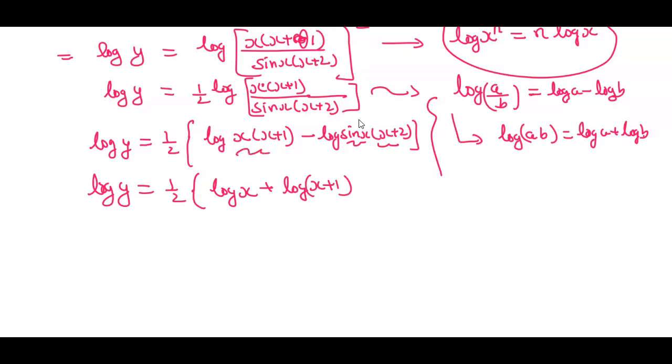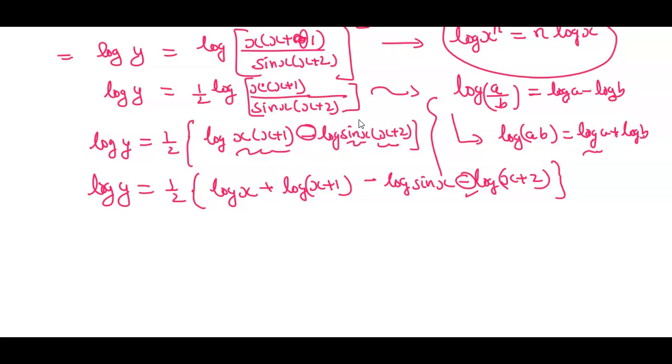See, log ab is log a plus log b, minus log sin x, minus log x plus 2. Now this is a zone of silly mistakes. Minus is forgotten, because log a into b is log a plus log b, but this minus will make this one negative. Now we have separated.